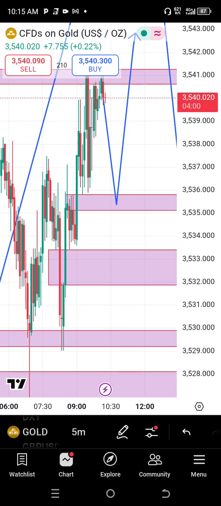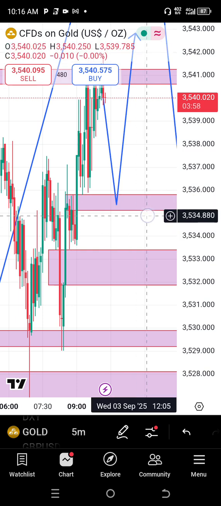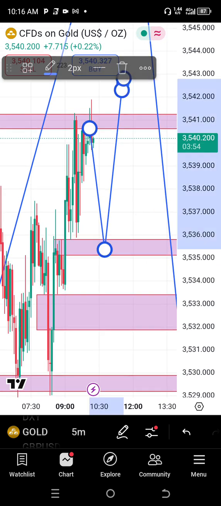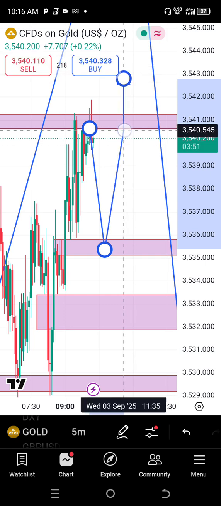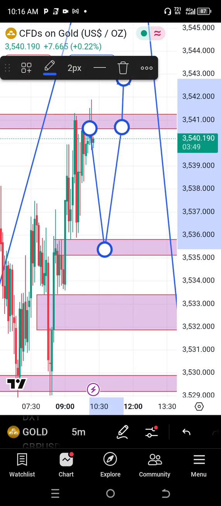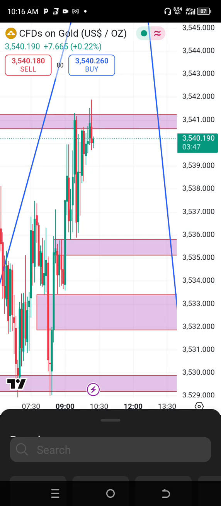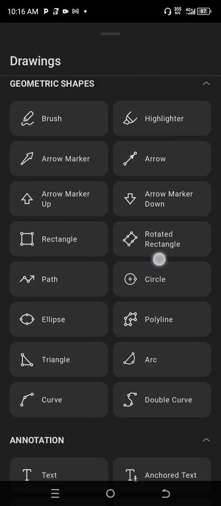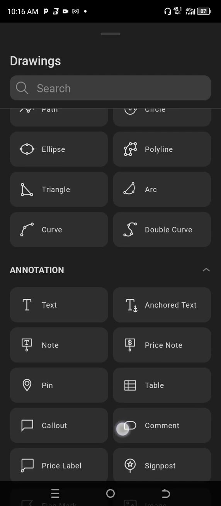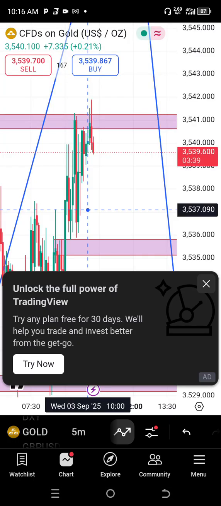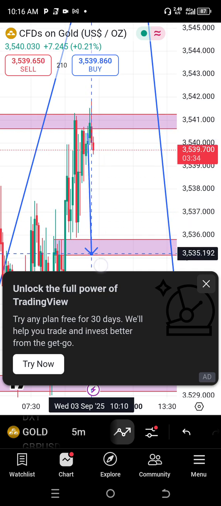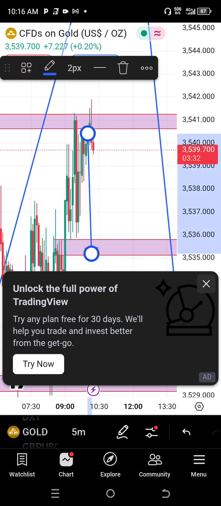Now if this point is not holding, this is another fair value gap that can be respected. It actually therefore means that the market can continue its downward movement, and then it now comes down to this particular fair value gap. You can see that it's actually on its bearish move in a way.